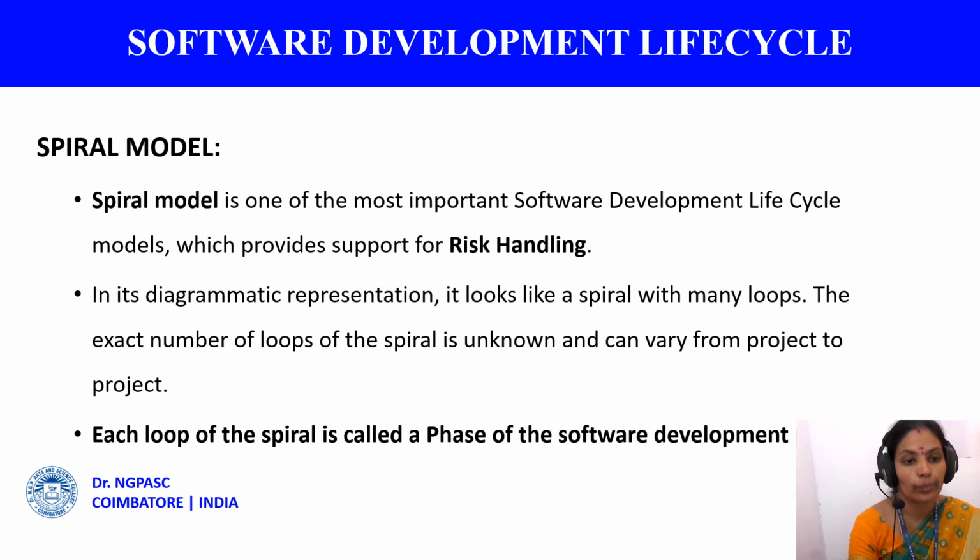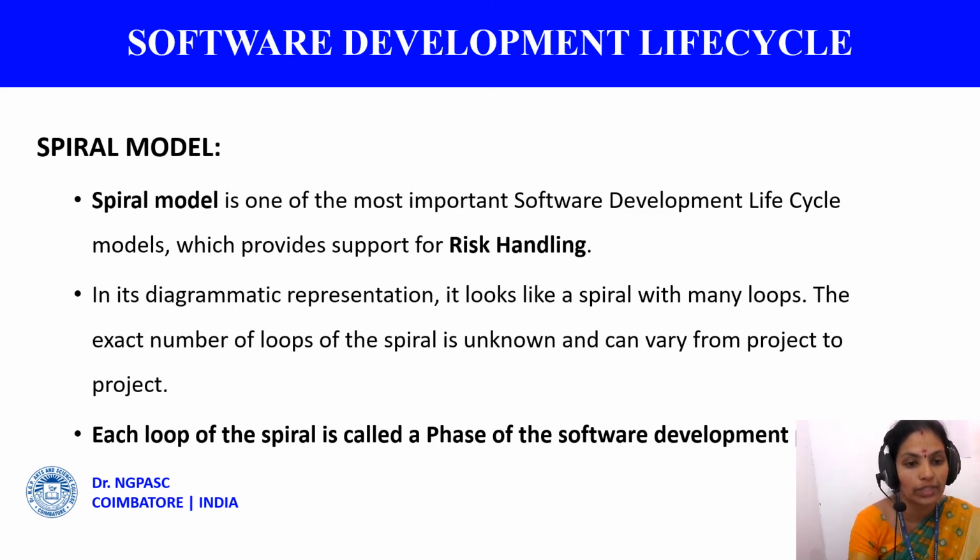Based on the software product need, we can elaborate the loop quantity. That means 5 loops, 10 loops. Likewise, we can't mention the loop count before creating software. At the time of need, we can have any number of loops. That's why it is called the spiral model.